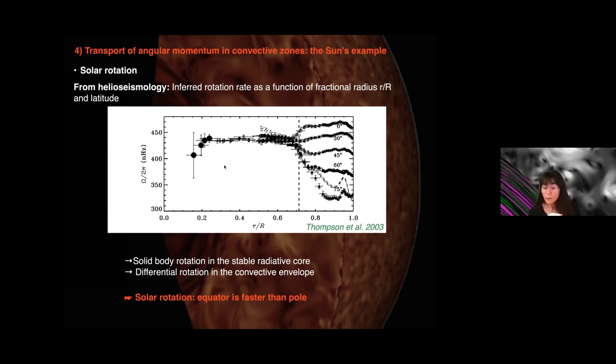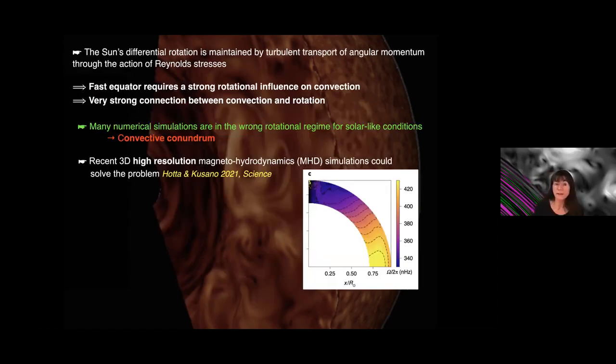Also, typical of solar rotation, the equator is faster than the pole. To understand that theoretically, we interpret the differential rotation as being due to the turbulent transport of angular momentum in the convective zone due to the action of Reynolds stresses.